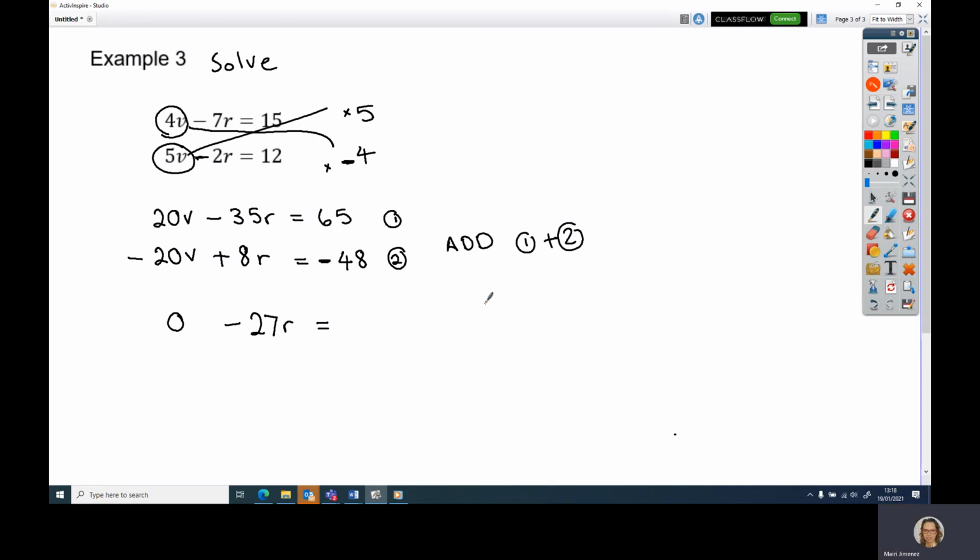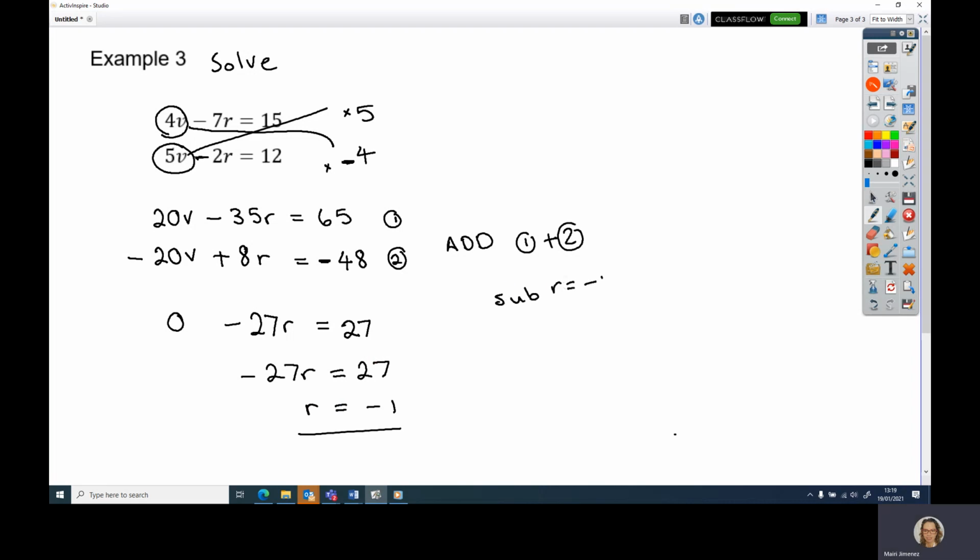Then 65 subtract 48 is 27. So then -27R equals 27. So R equals -1.